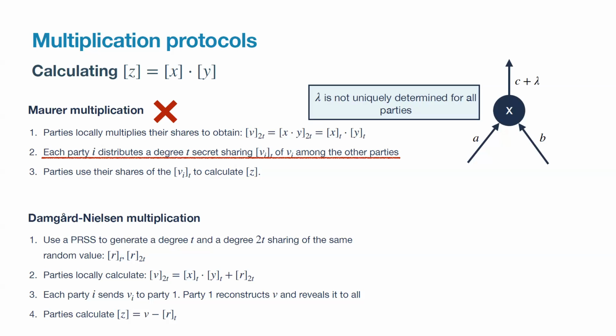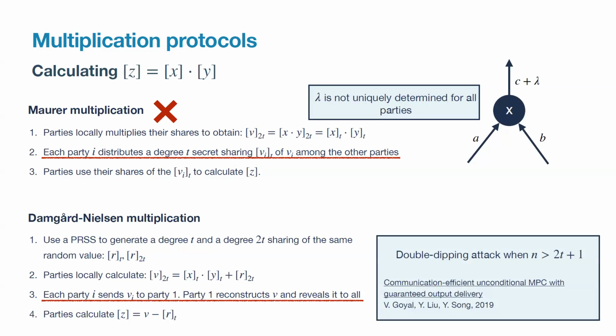Here there is a central party called the king, and all the parties send their shares to this king, and the king will then reconstruct the value and reshare it. However, there is a known attack for this protocol in the strong honest majority setting. If there is a strong honest majority, the king can recover the secret shares of the other parties. So this is not secure, and we cannot use it either.